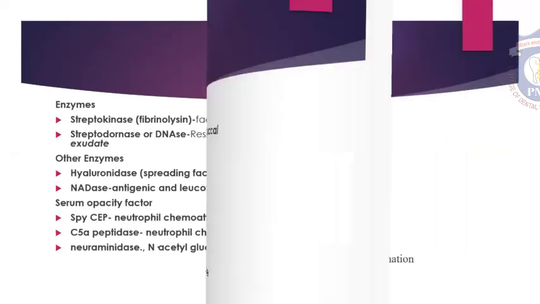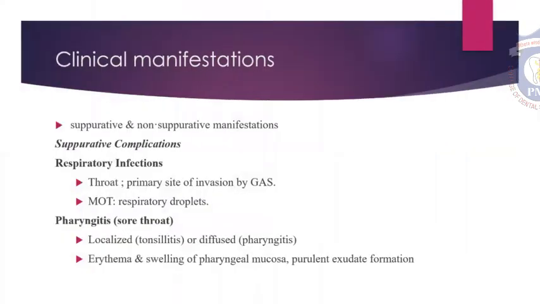So, next comes the clinical manifestations that we are going to discuss in detail. Clinical manifestations of Streptococcus pyogenes include suppurative and non-suppurative manifestations. Among suppurative manifestations, the primary one is respiratory infections.